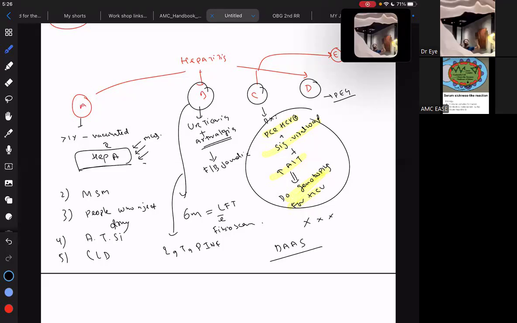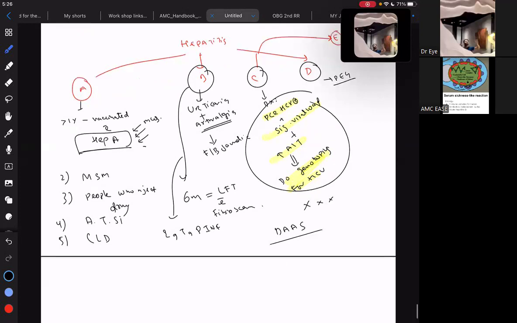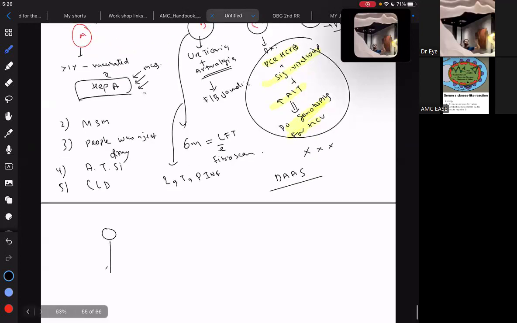Remember the vertical transmission. The baby can have maternal antibodies for hepatitis C for 18 months. Therefore, doing the test early is not reliable. For example, a mother has hepatitis C, and she delivers this baby.